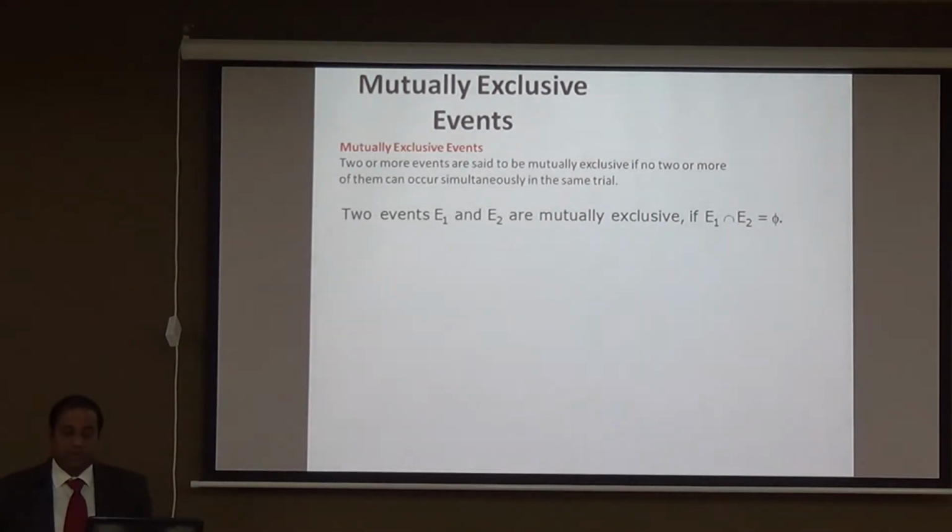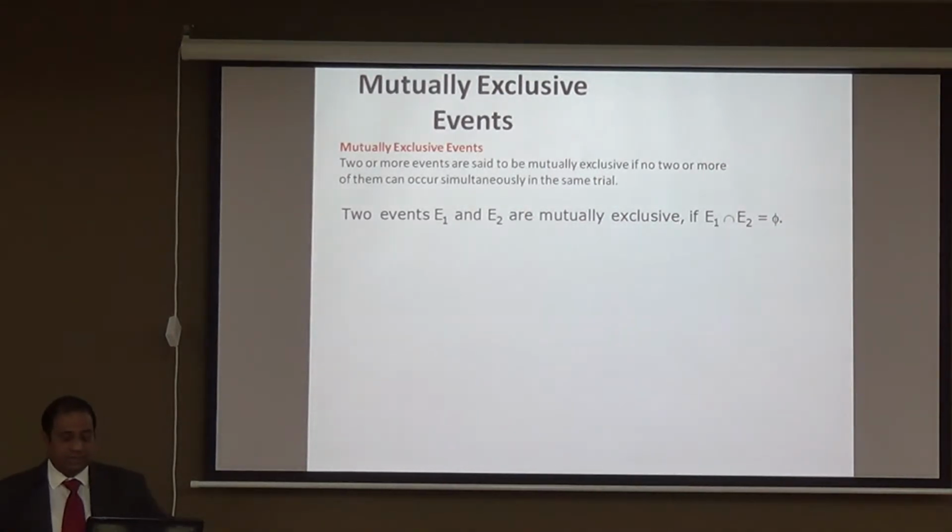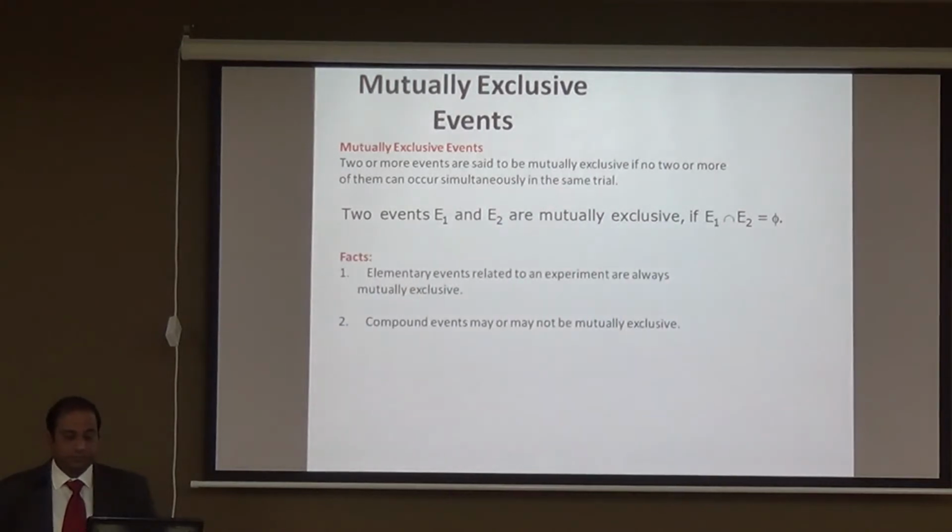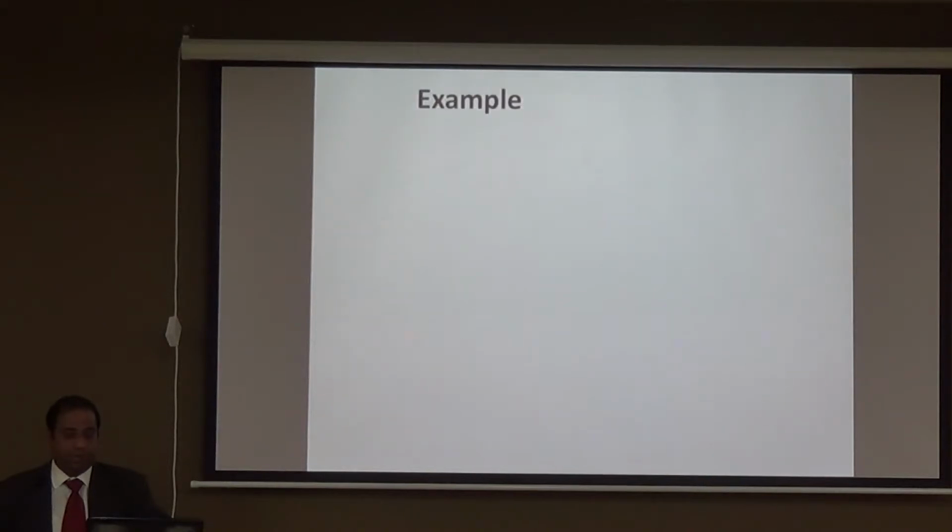So two events E1 and E2 are mutually exclusive if E1 intersection E2 is a null set, that is, they are disjoint sets. There are certain facts about this. The elementary events related to an experiment are always mutually exclusive events. Second, compound events may or may not be mutually exclusive because there may be some sample points which are common to both of them.